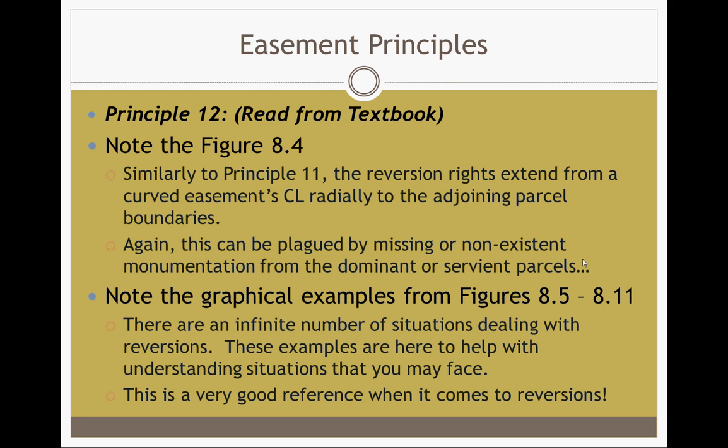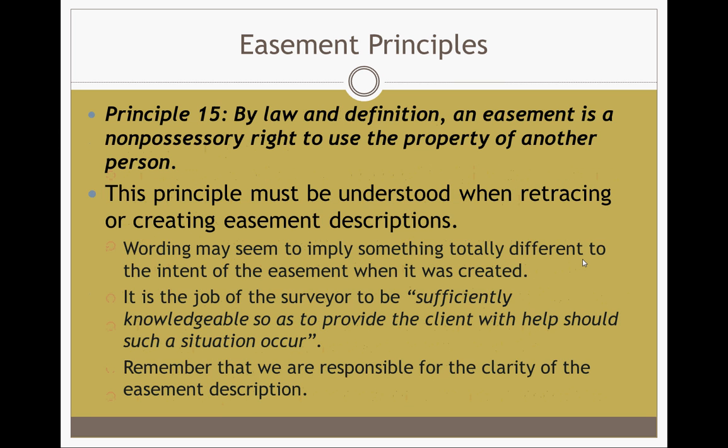Now, these examples are here to help you understand many situations that you may face. This textbook does not state that it has all the answers, but it's a very good reference when it comes to reversions, because you can go back and look at this and say, hey, I think that reversion is going to be at right angles from the street. I think we need to go that way instead of doing something different. So use this as a reference. Hang on to this book. It's really, really good.